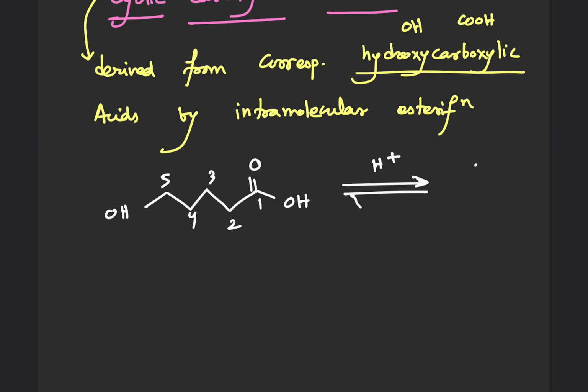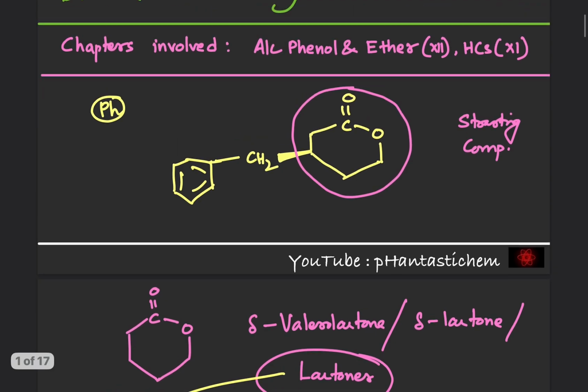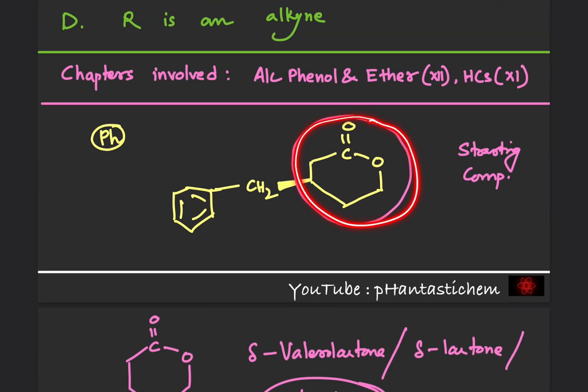So we will get something like this: 1 2 3 4 5. This is the lactone that we started with, which is present in our starting compound. Also, the solid wedge present in our starting compound represents a bond which is above the plane of the paper. This is a single covalent bond, but not on the plane.